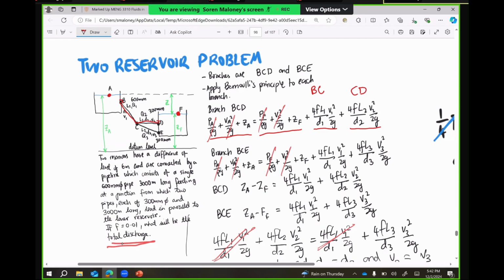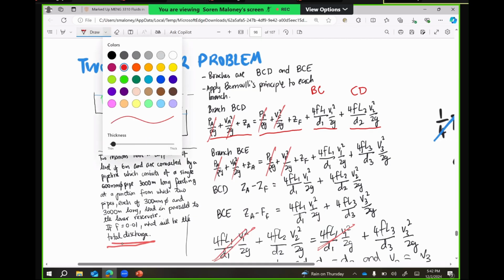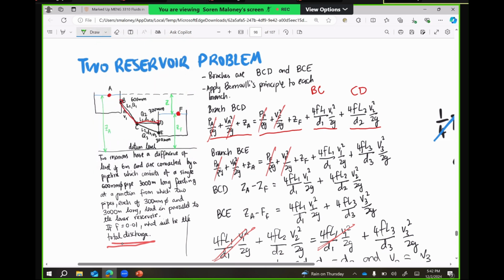And I'm also doing the same for branch BCE now. This branch, this second branch, BCE, right? Technically, those two branches are parallel because they're starting and ending between the same two reservoirs.